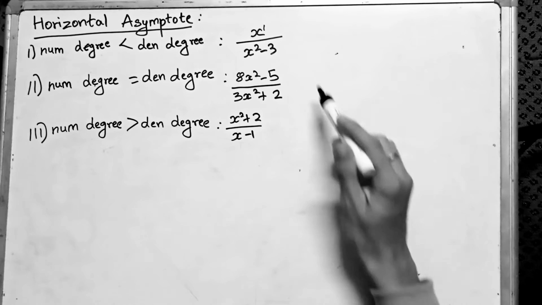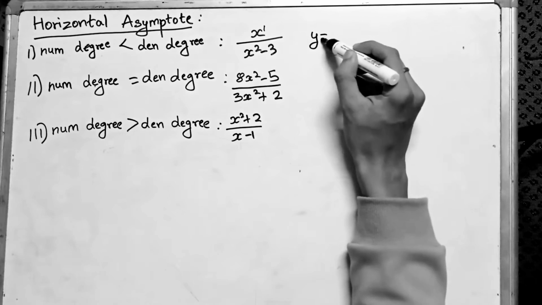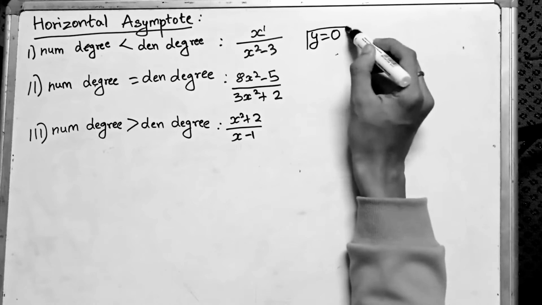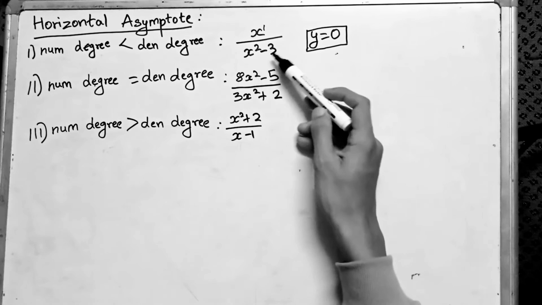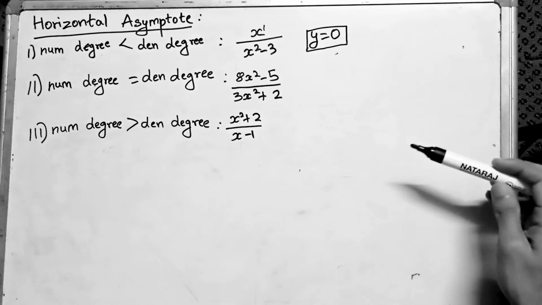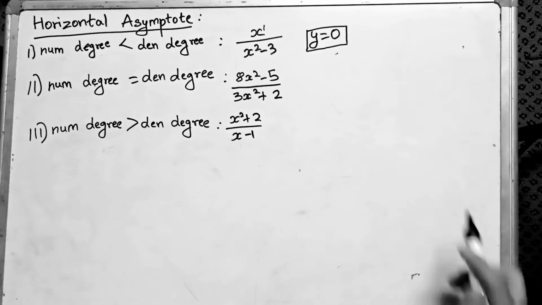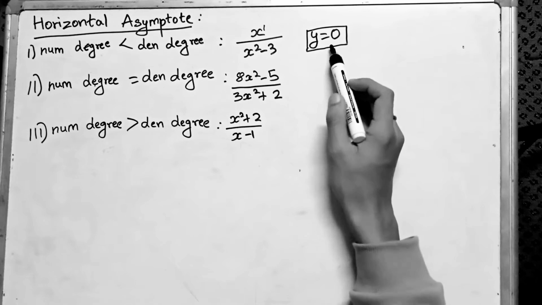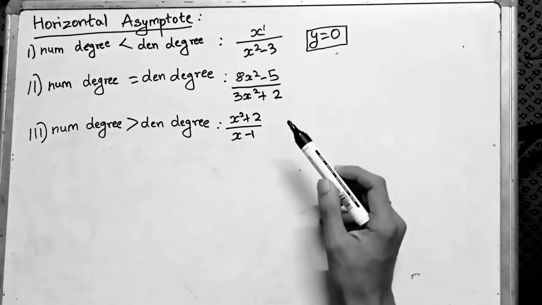Whenever we have this case, our horizontal asymptote is y equals 0. It's basically the x-axis. This graph would approach the x-axis but never actually touch it. So y equals 0 is the horizontal asymptote of this function.